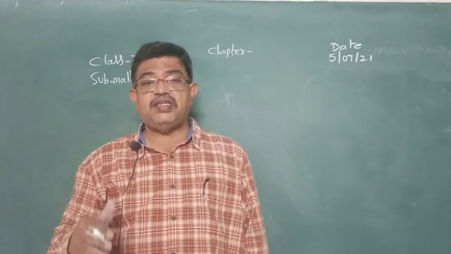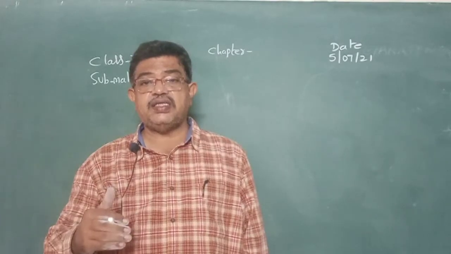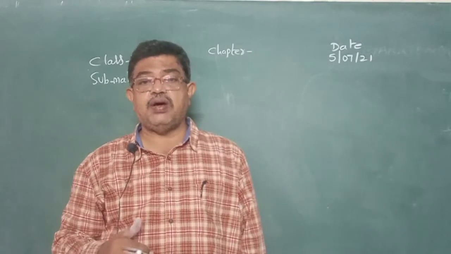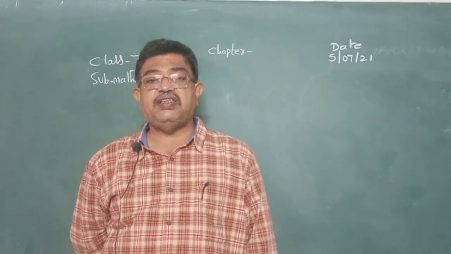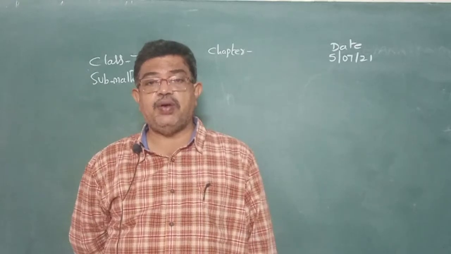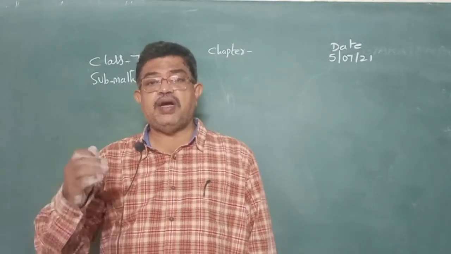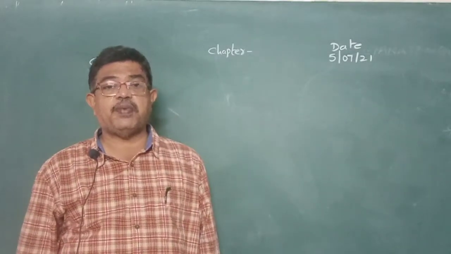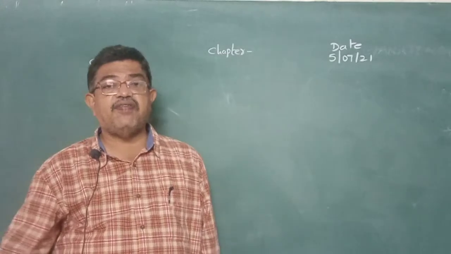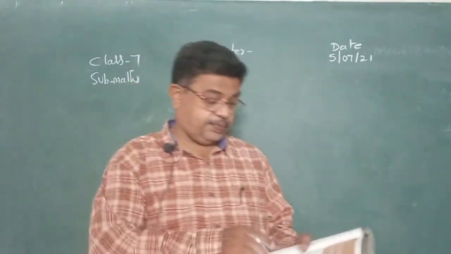A fraction in which the numerator is greater than the denominator, or the denominator is smaller than the numerator, is called an improper fraction. What is a mixed fraction? A mixed fraction is a fraction in which you have a whole part and a proper fraction. A whole number and a proper fraction together is called a mixed fraction. Mixed fractions are obtained from improper fractions. All these we learnt in the earlier classes.